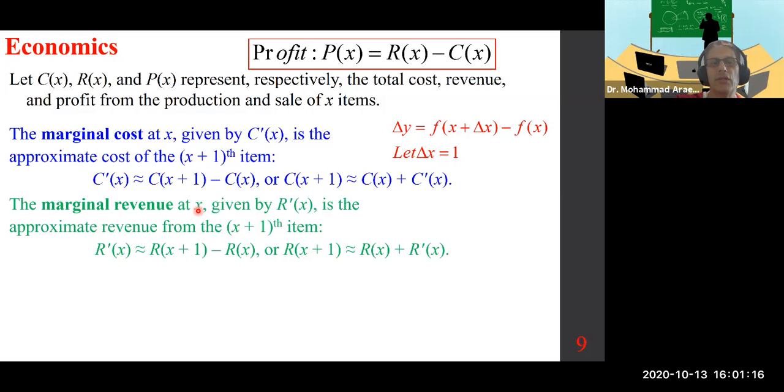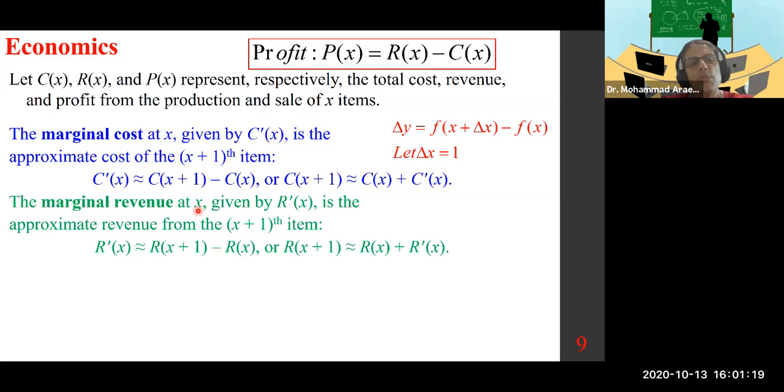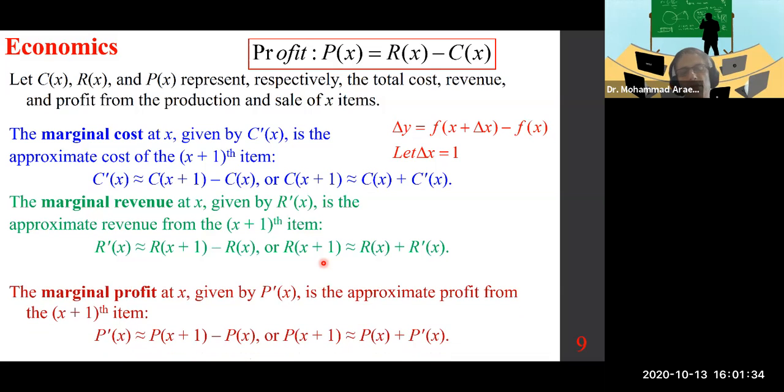Same thing for the revenue. R prime of x, what is that? Given the R function, differentiate. R of x plus 1 minus R of x gives us the revenue from the next item, the x plus first item. Same thing for the profit, which is basically R minus C. So the marginal profit at x, given by P prime of x, is the approximate profit for the next item, the x plus first item.